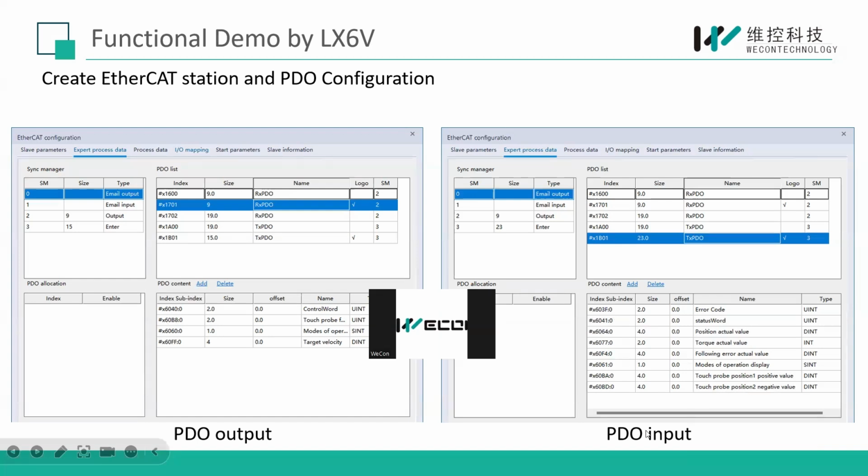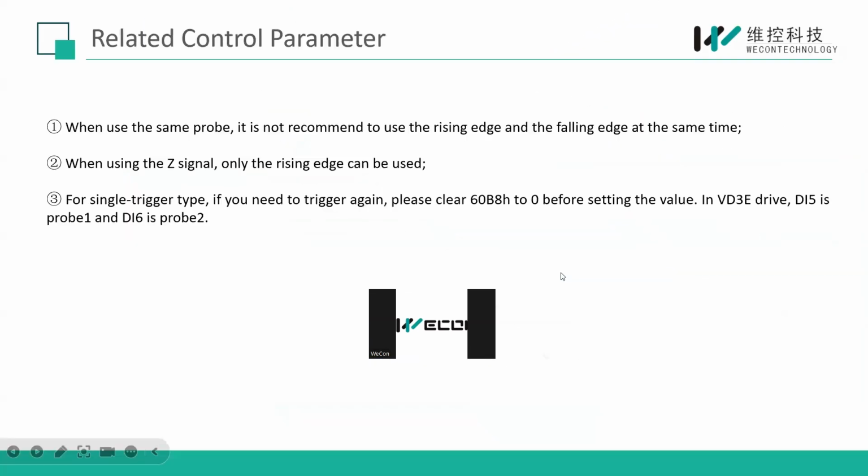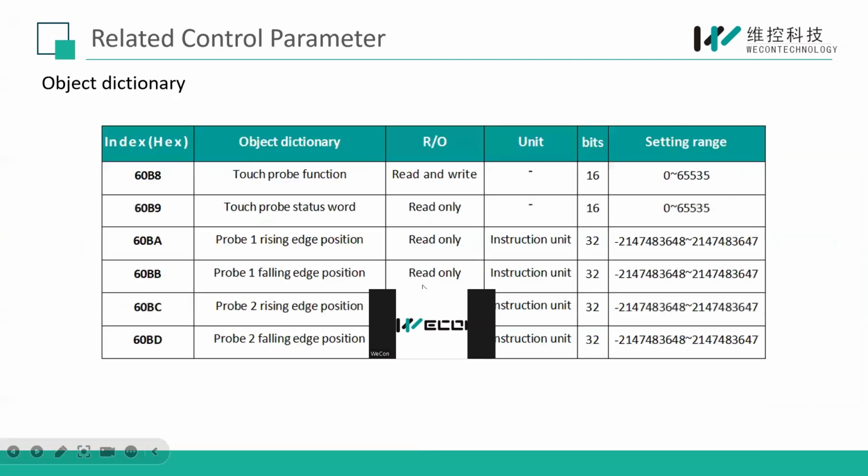And for input, we have the position actual value, the TouchProbe 1 rising edge value and the TouchProbe 2 falling edge value. These two.